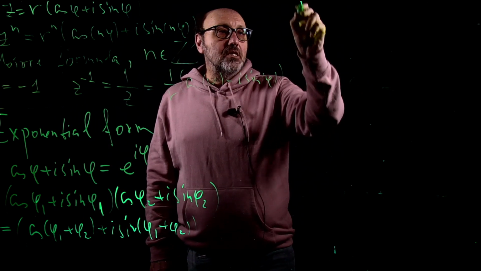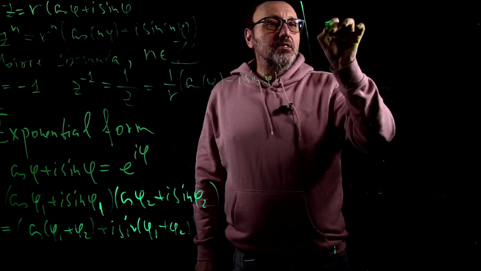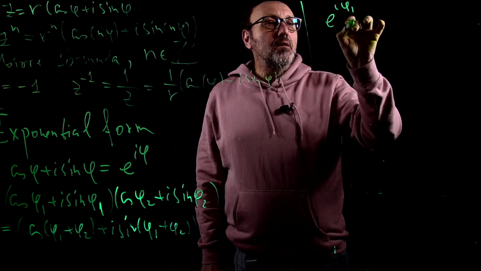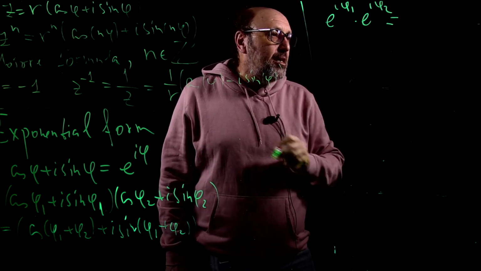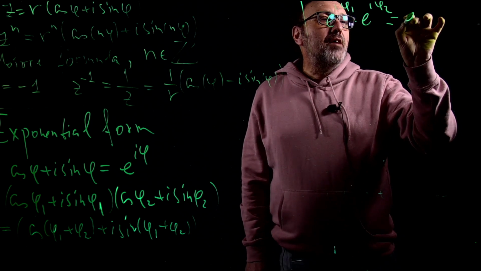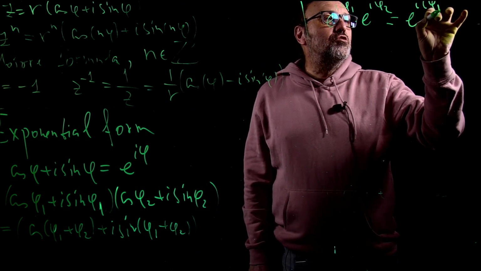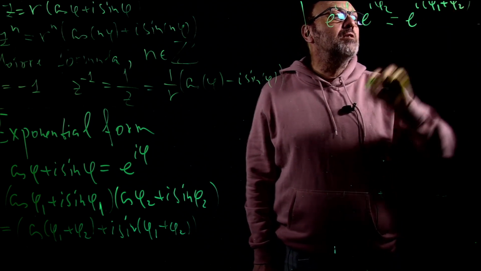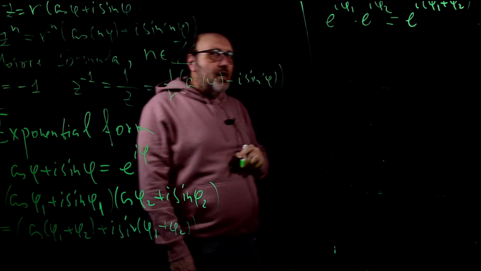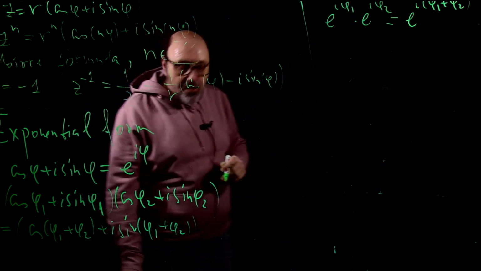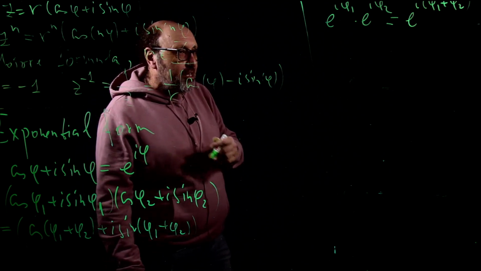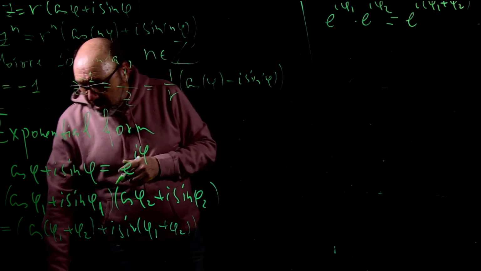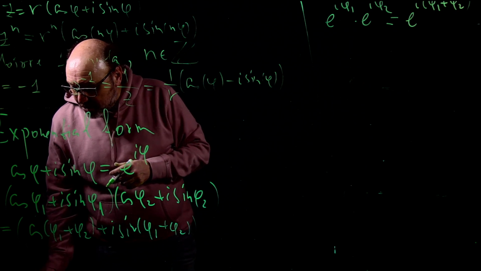That is, we have this classical property of the exponential function: when you multiply two exponents, this is the same as taking the sum phi 1 plus phi 2. So we still have this classical property, which explains this notation. A little bit later we will see that there are deep reasons for this notation.